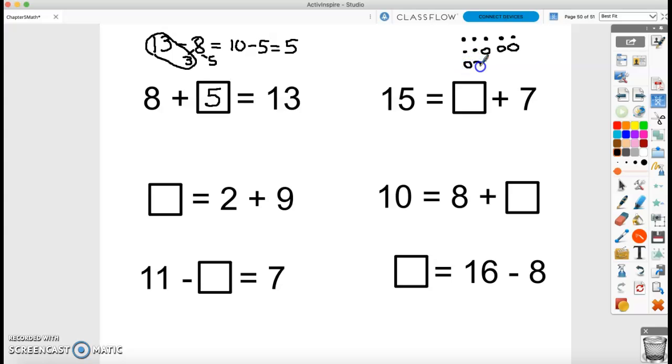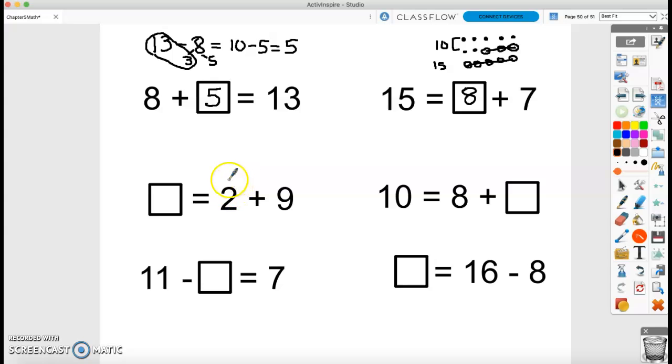So I'm going to add my other 1, 2, 3, 4, 5. So we made 10 here, and we used 3, but we had to get to 15, and we have 5 more. So we added 5 and 3, which is 8. 5, 6, 7, 8.